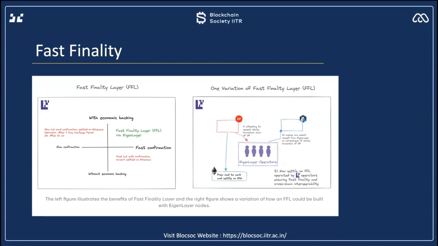As you can see, you can build something called a fast finality layer on EigenLayer, which is going to be a proof of stake network that can give you a soft confirmation, where you attest that this particular information is correct, and you get an instantaneous finality for that transaction.